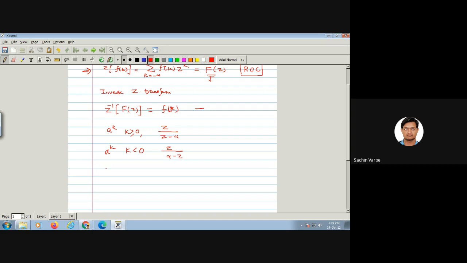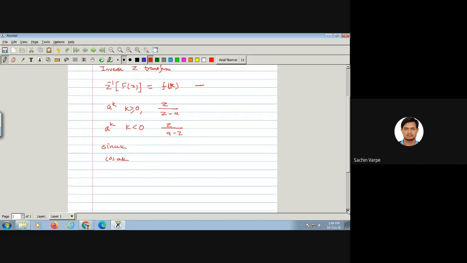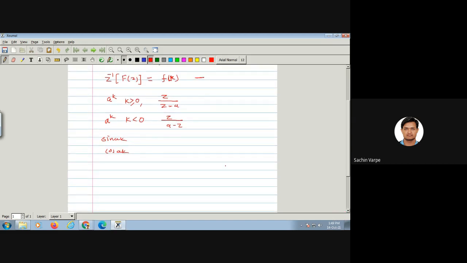Accordingly, sine ak, cos ak. Here the region of convergence is mod z greater than mod a, and here the region of convergence is mod z less than mod a. For both of these, sine and cos, mod z must be less than 1.